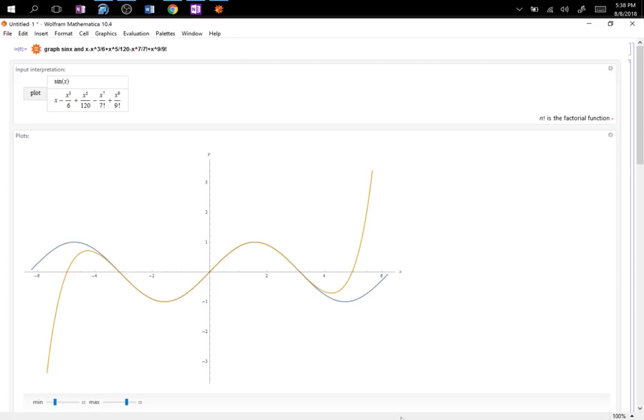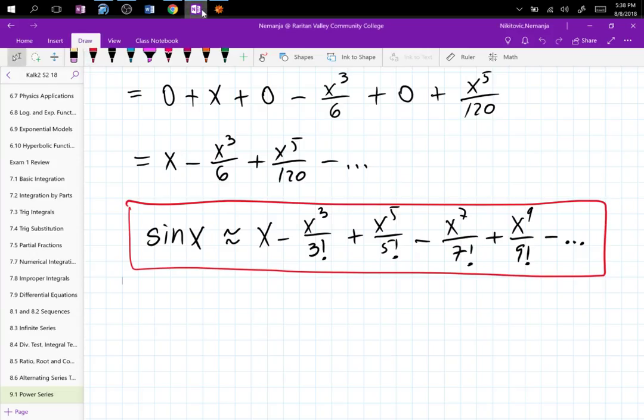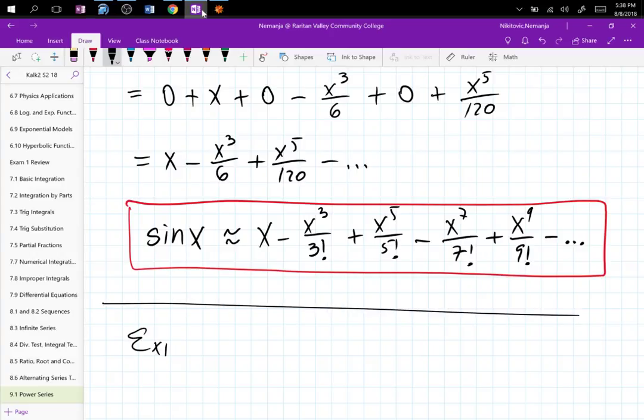So I'm going to ask you guys to expand f of x equals ln x, and we are going to expand at x equals 1, give 3 terms.